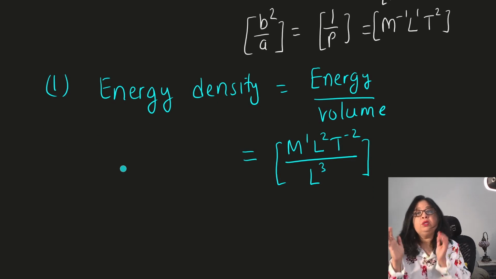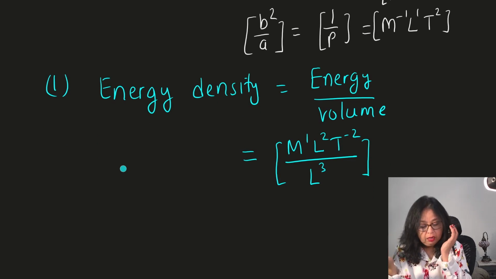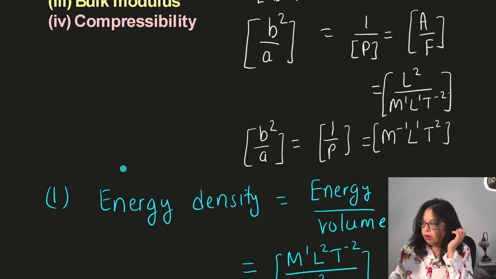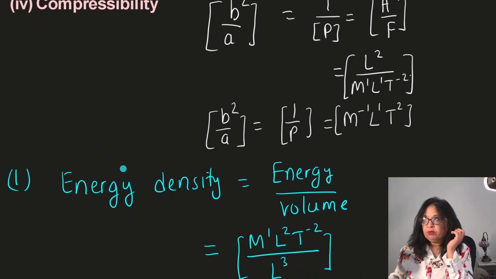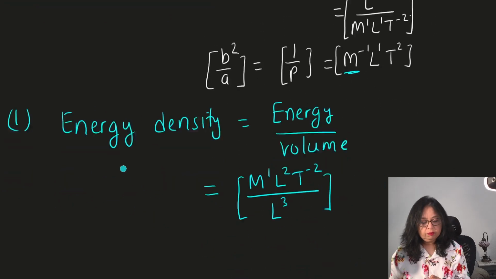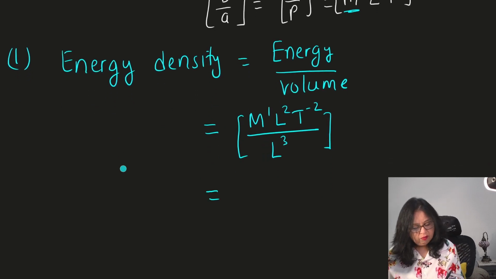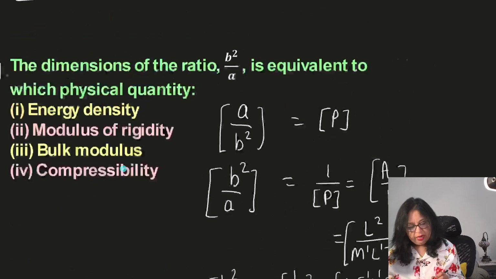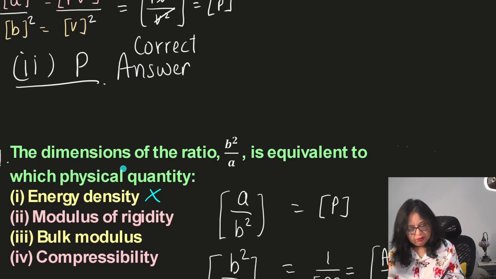I don't even need to go any further than this. Why? Because in the answer, I'll have M to the power plus 1. Do you see that? However, my correct answer should have M to the power minus 1. So if you want to solve it further, be my guest. M1, L minus 1, T minus 2. So energy density is not the correct answer.